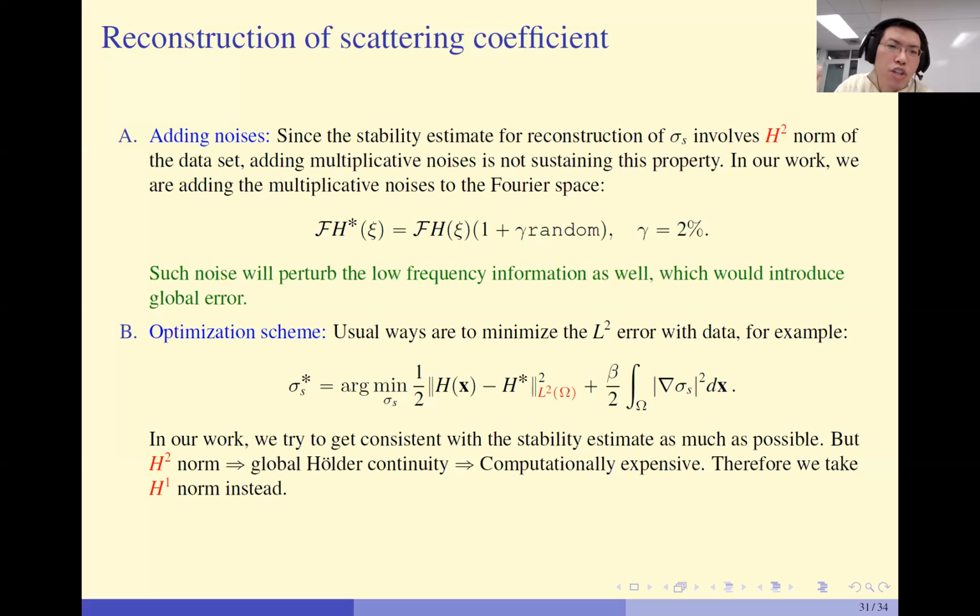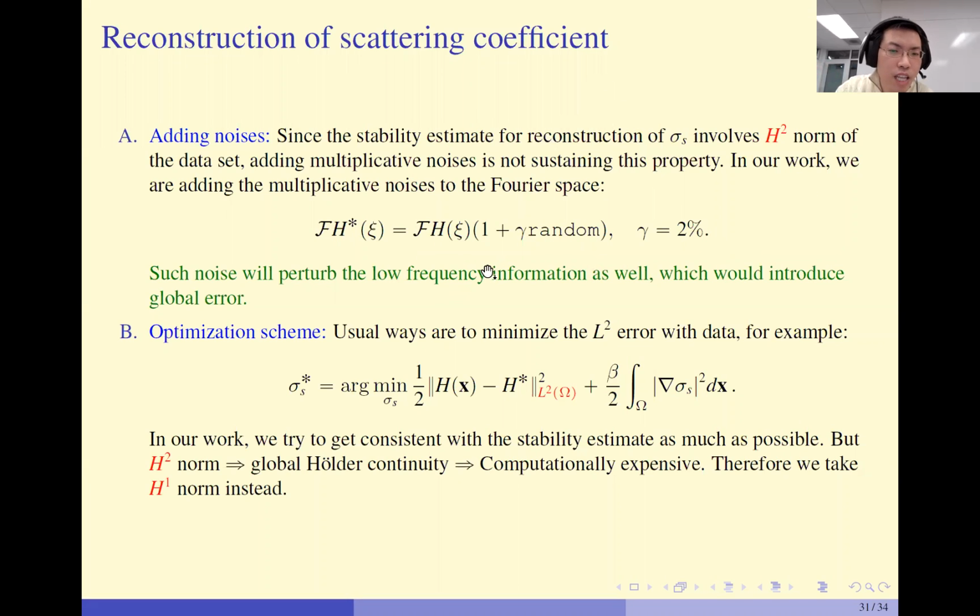But if you just add multiplicative noise to the data, this H2 norm is not bounded, right? Because the random noise will be amplified. So what we do is take the Fourier transform and add the noise in the Fourier space. Then you will preserve the noise level.